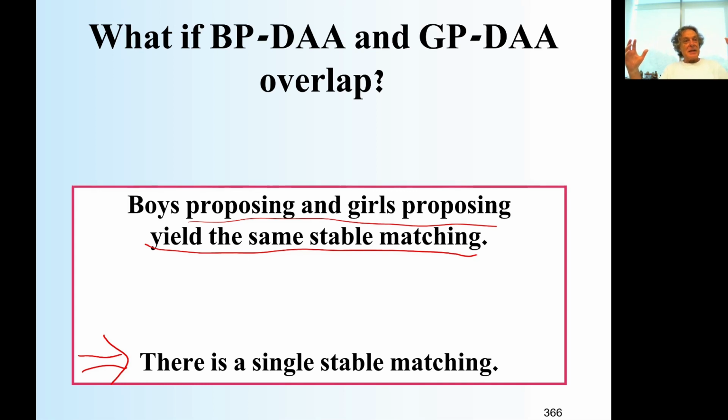Why? Let's say this is the boy proposing. So they get the best and the girls the worst. Completely opposite if the girls are proposing: boys get the worst, girls get the best. If they are the same, if the worst is the same as the best, there's nothing in between. It must be the only stable matching.